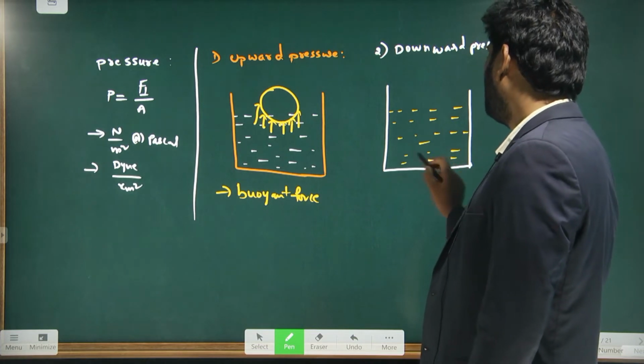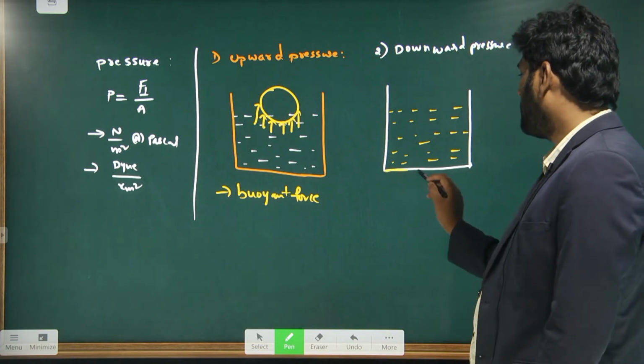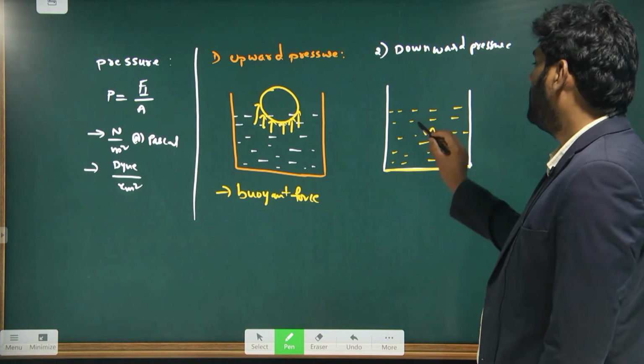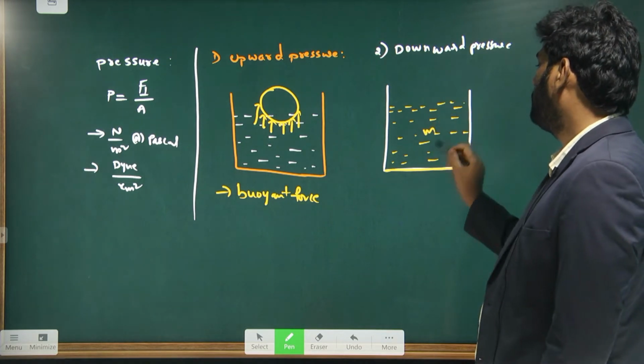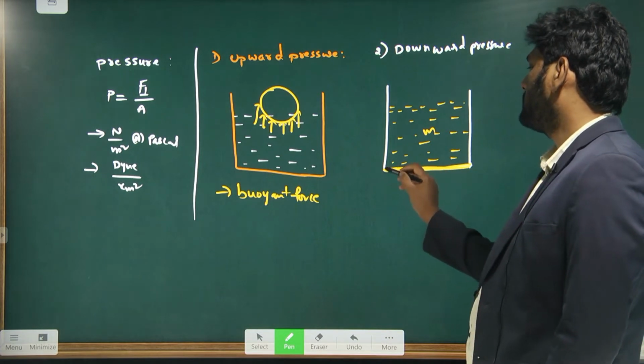The liquid has a mass m, and the container has a bottom surface.